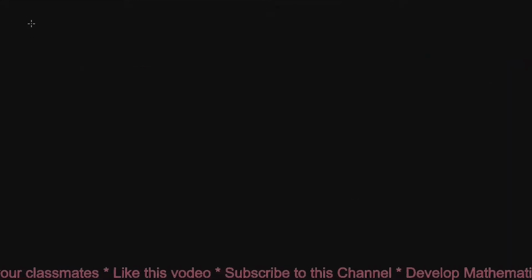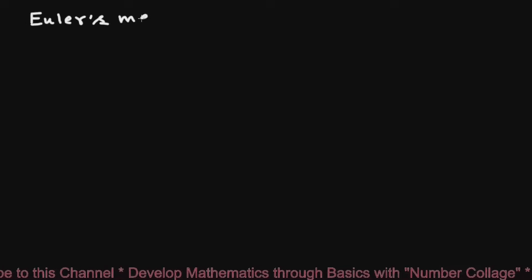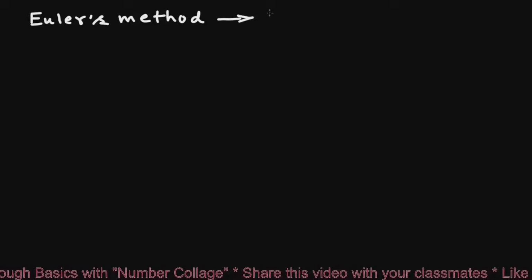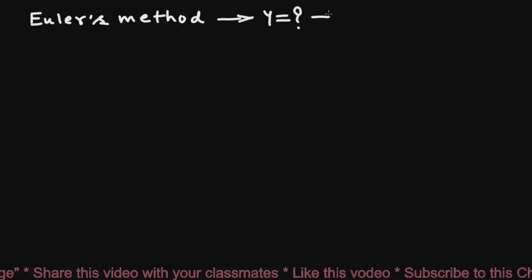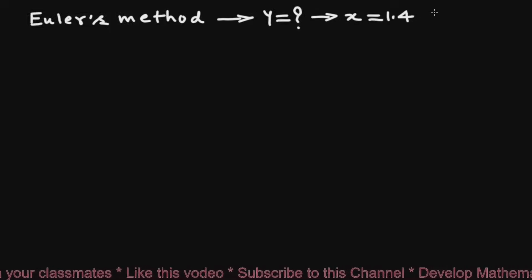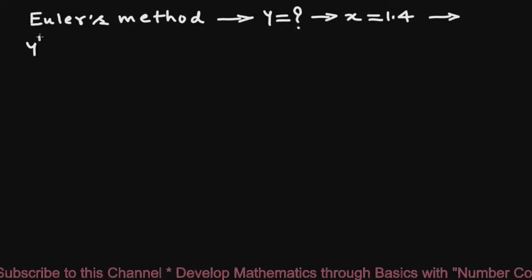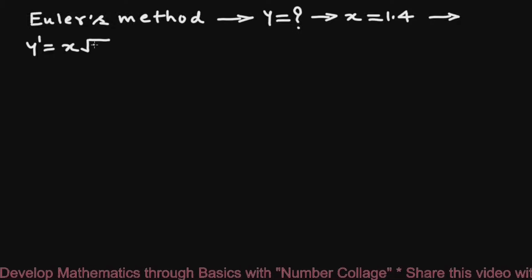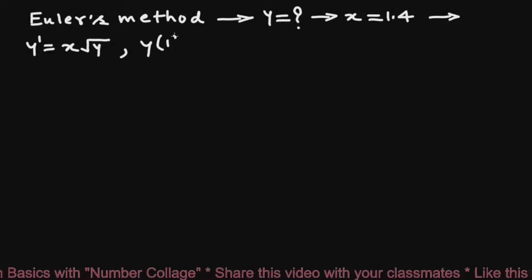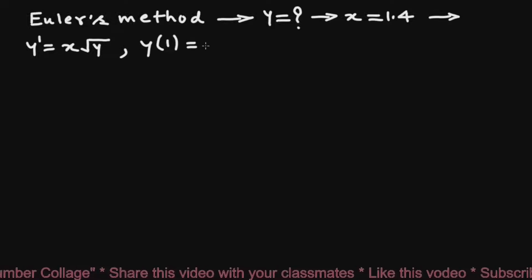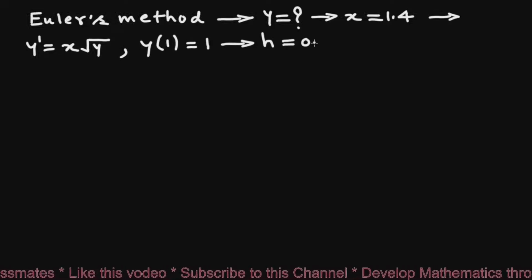In the next problem, we have to use Euler's method to find approximate value of y for x equals 1.4. It is given that y dash equals x root y and y of 1 equals 1, taking h equals 0.1.